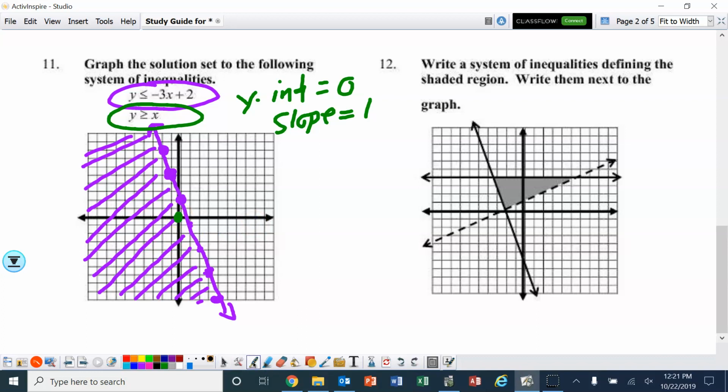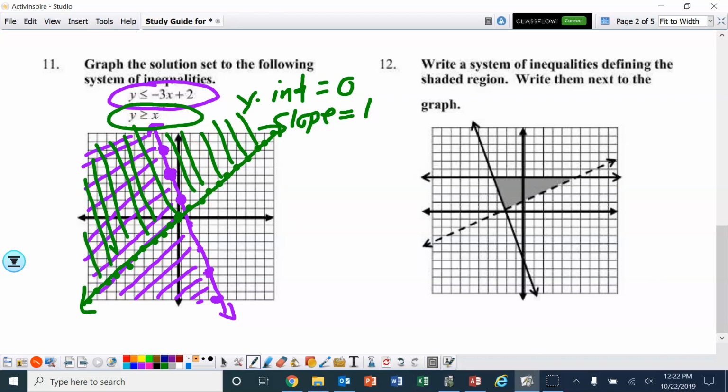And we're going to go up 1 over 1. And that one is also a solid line. And we're going to shade above that one because it's greater than. So again, the overlapping part, that is the solution set.